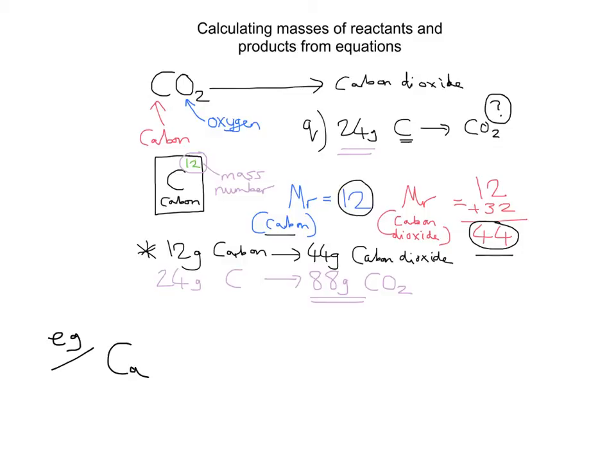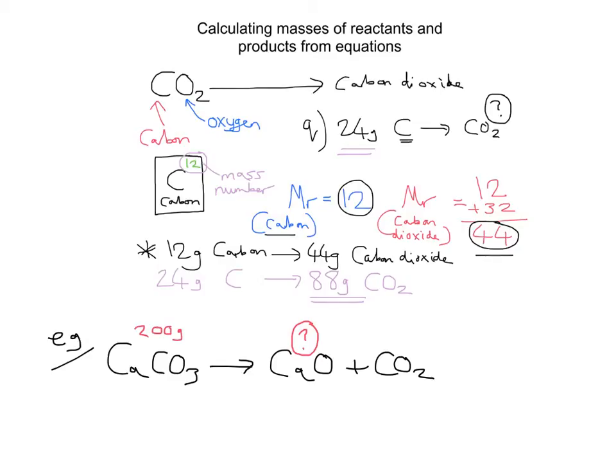So we've got calcium carbonate, which is CaCO3, and that decomposes when heated into calcium oxide and carbon dioxide. And we want to know how much calcium oxide we can make. So we want to know how much calcium oxide we're making after heating 200 grams of calcium carbonate.